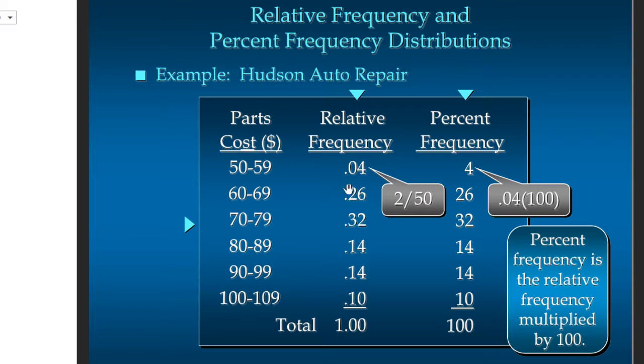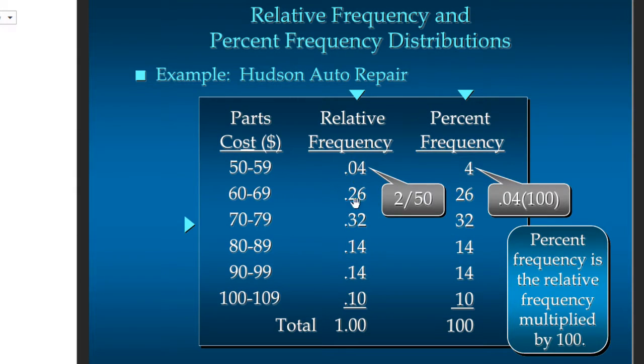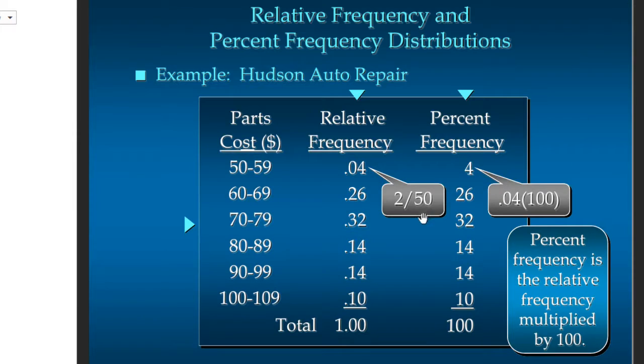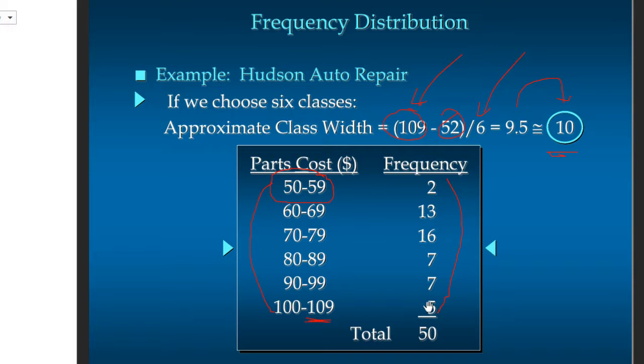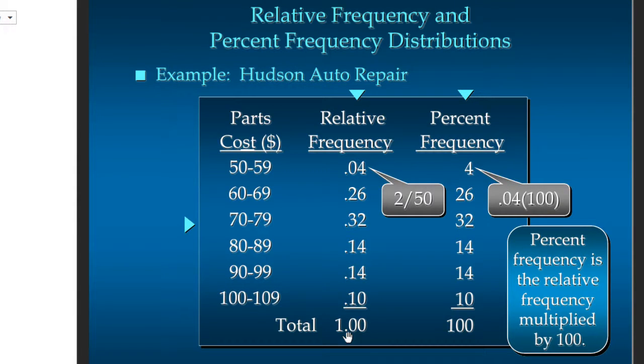Where do they get this 0.26? 13 divided by 50, then you get 0.26 right there. And where do they get 0.10? Well, same thing. 5 divided by 50, then you get this.